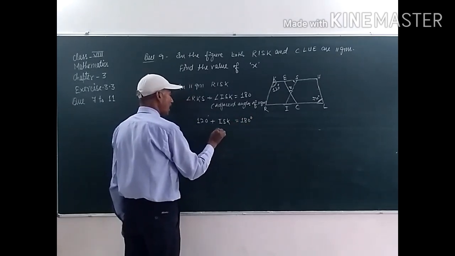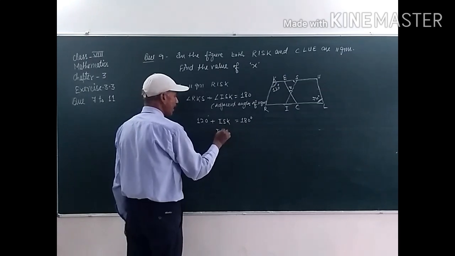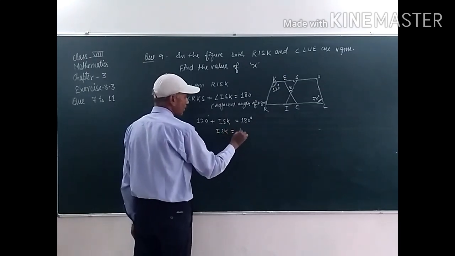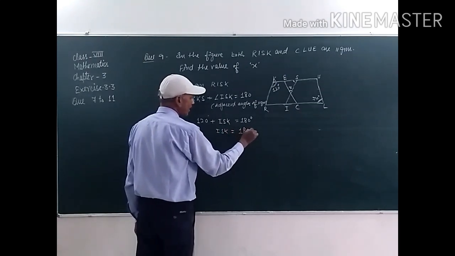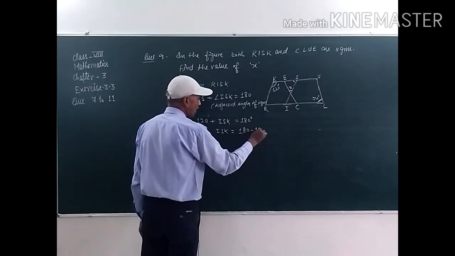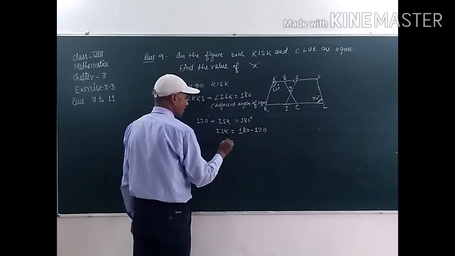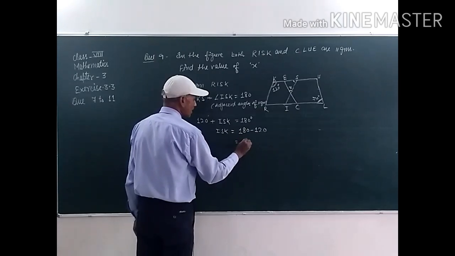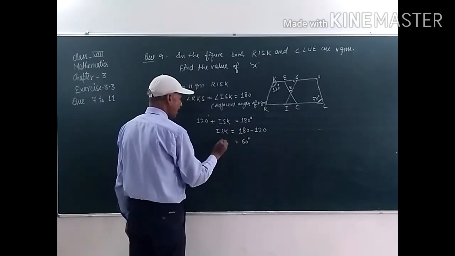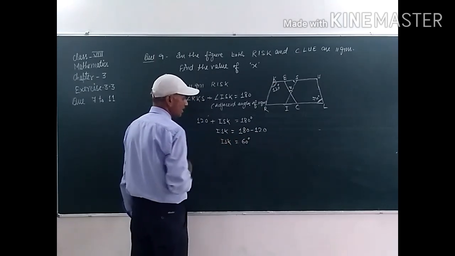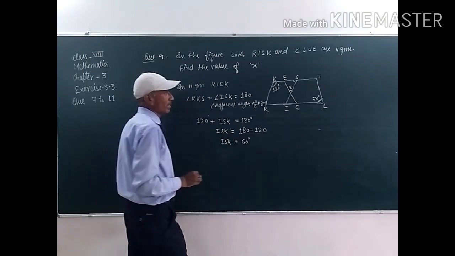Now angle ISK is equal to 180 minus 120 is equal to 60 degree. So ISK is equal to 60 degree, student.